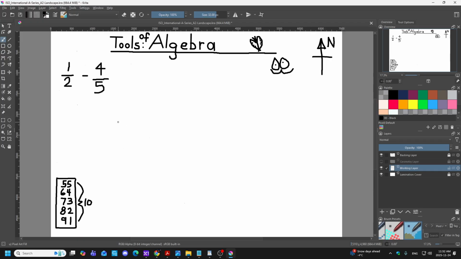The simplest, quickest thing to do if you have denominators that are less than 10 is to simply multiply them together. That's how fast you can figure out your common denominator. Again, we know that 2 can't be divided into 5.